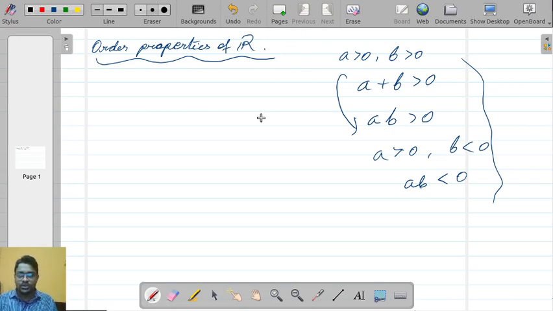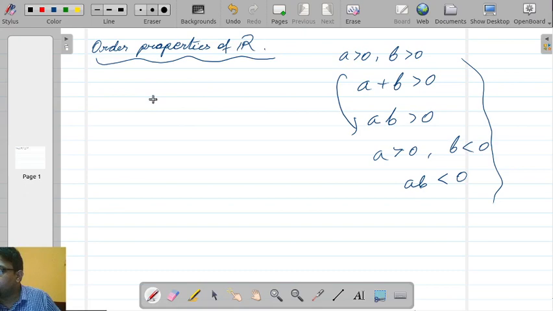So here also for order properties we will try to list the minimum 1 or 2 properties which we will take as fundamental, we will accept without proof, and the other things we will derive by proper proofs using these axioms or properties. So these are the order axioms or order properties, right?